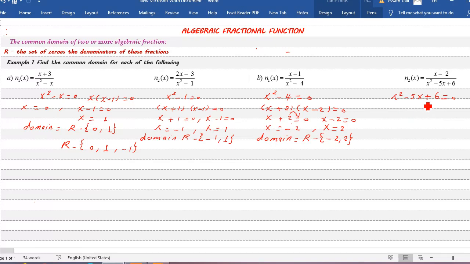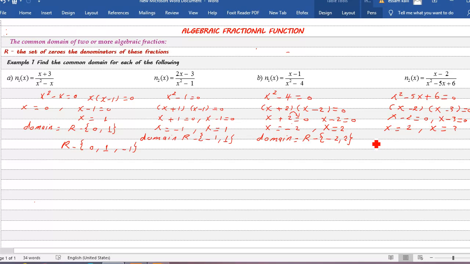Open two brackets, x and x. Find two numbers whose product equals 6 and whose sum equals 5. They are 2 and 3, with negative and negative signs, equals 0. Then x minus 2 equals 0 and x minus 3 equals 0. Move -2 to the other side, so x equals 2, and move -3 to the other side, so x equals 3.